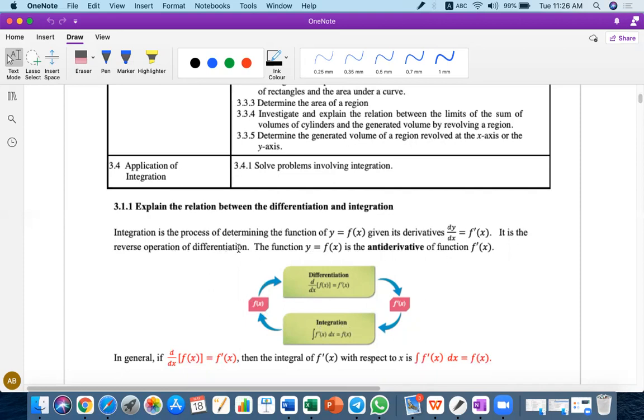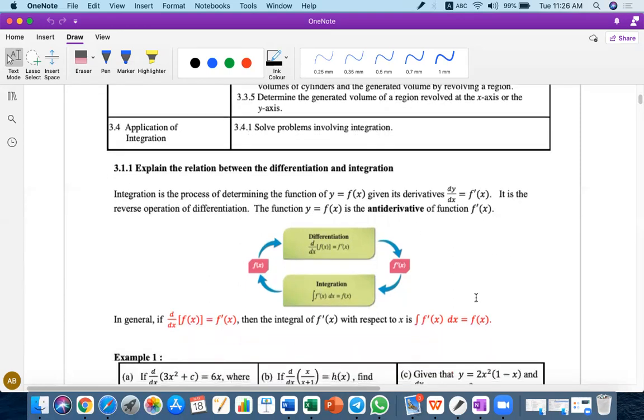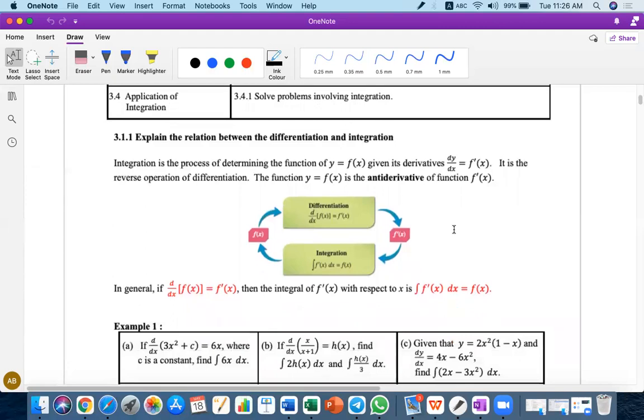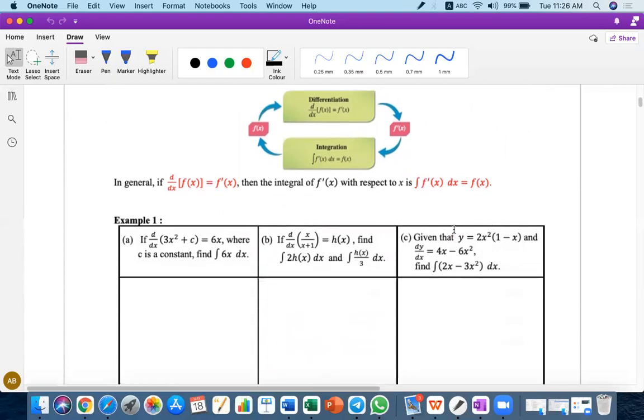Integration is the process of determining y equals f(x) given the derivative dy/dx equals f prime x. If I give you a gradient function dy/dx and I want to get y back, I need to do integration on it.